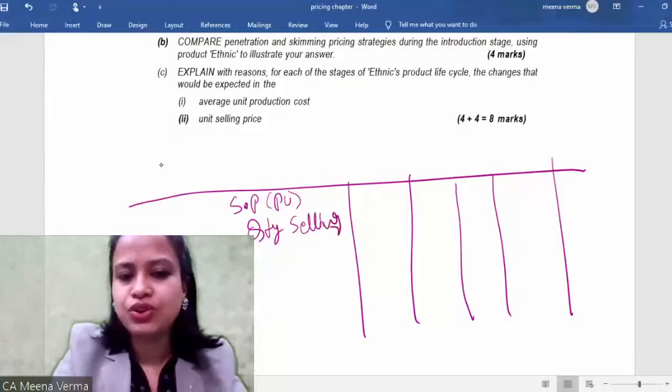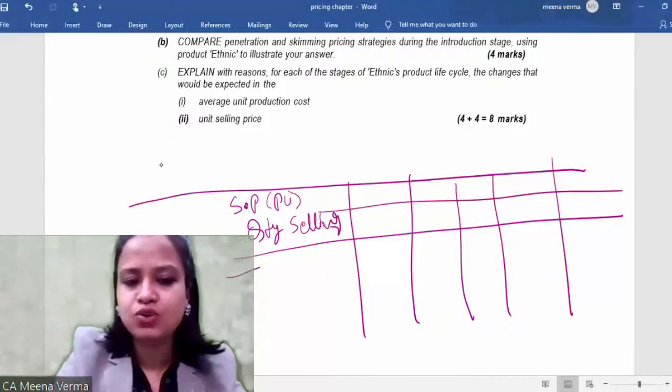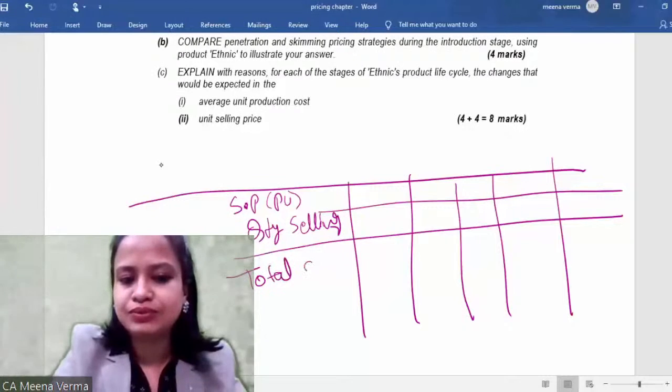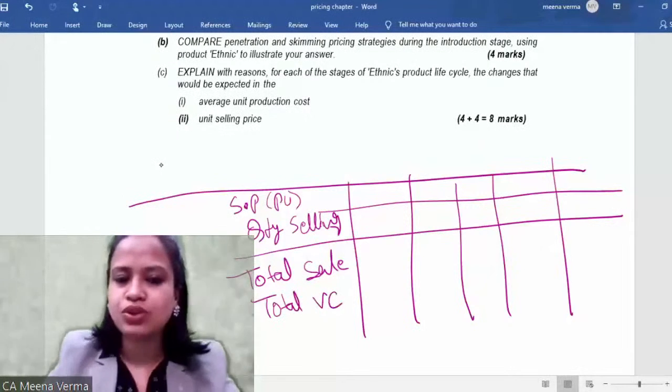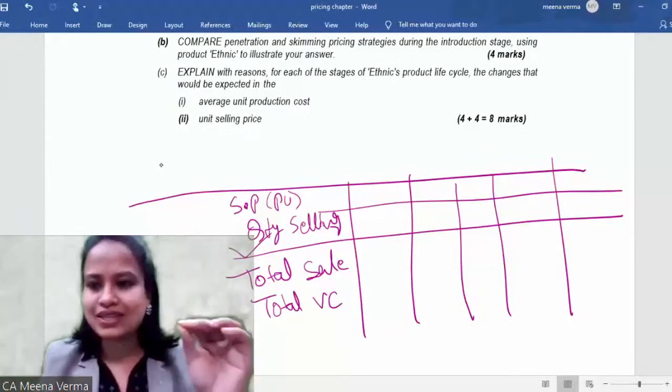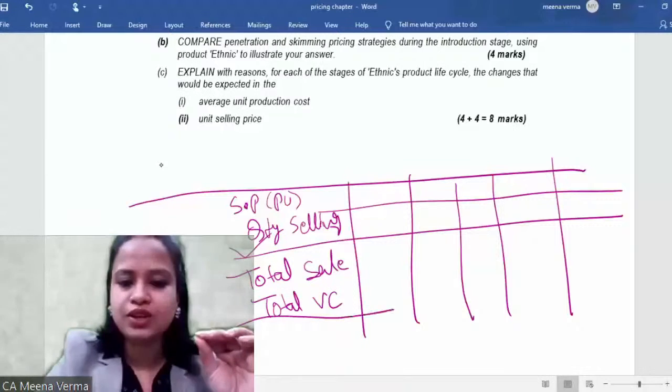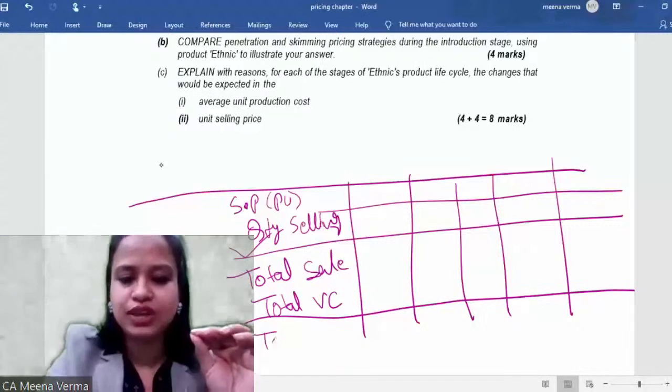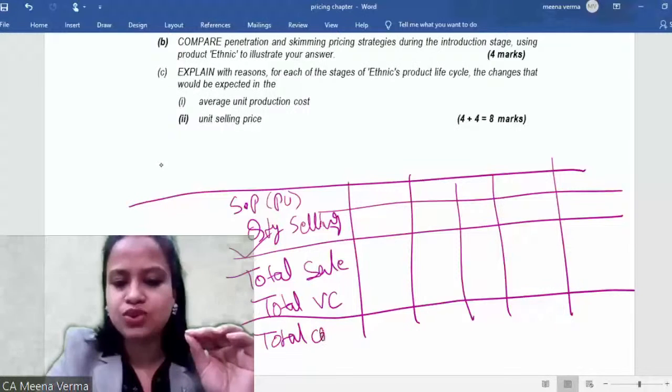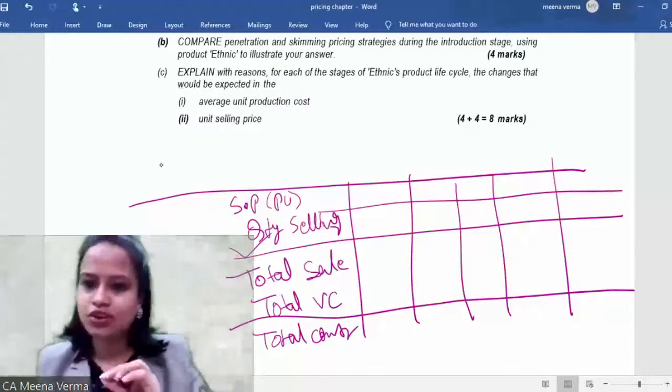So from these two things you can find the total sale. Then total variable cost. How? Quantity they are selling into variable cost, total variable cost. After considering this, you will get total contribution.